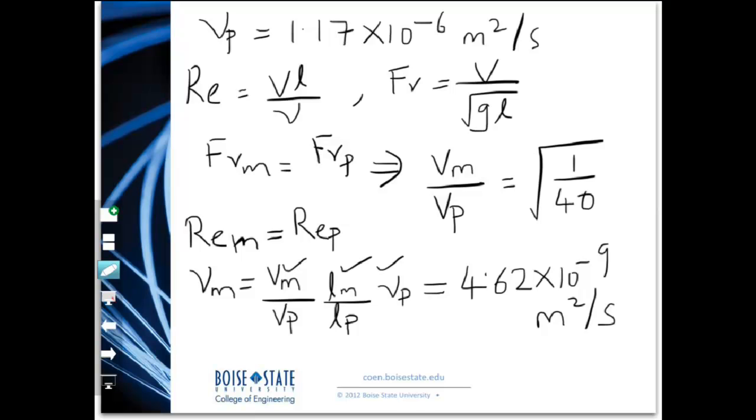If you look at the figure in your appendix B, you'll see that this value is much lower than most of the fluids there. So we can say no fluid is applicable from what we have in the book. And I would encourage you to go back and look it up and confirm this, right?